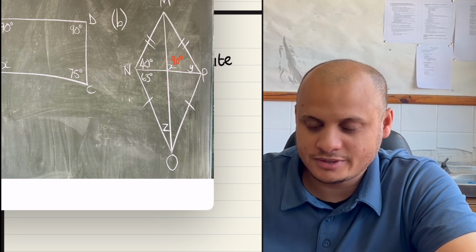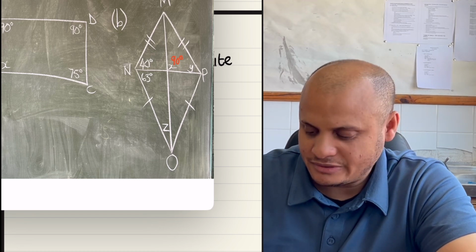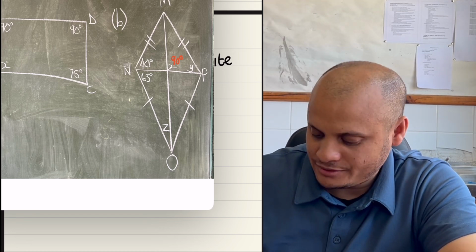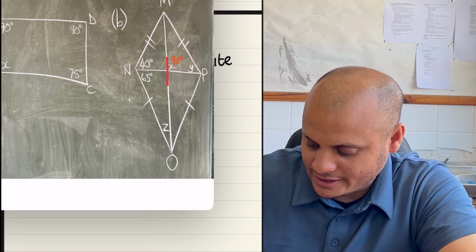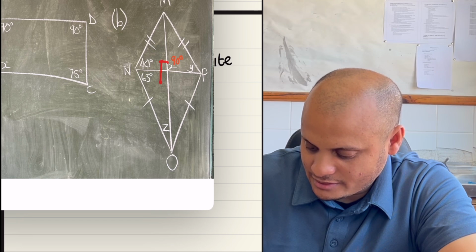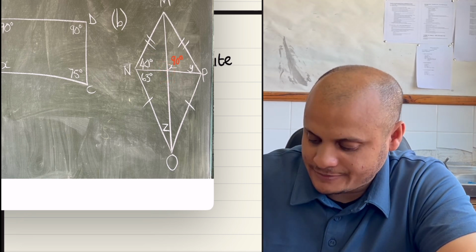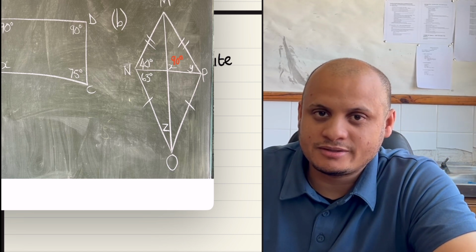So I hope you followed what I said there. Of course, you don't have to prove this to yourself every time. You should know that if two straight lines intersect each other at 90 degrees, it means that every one of the four angles around that point where they intersect is equal to 90. Suppose they intersect each other perpendicularly.